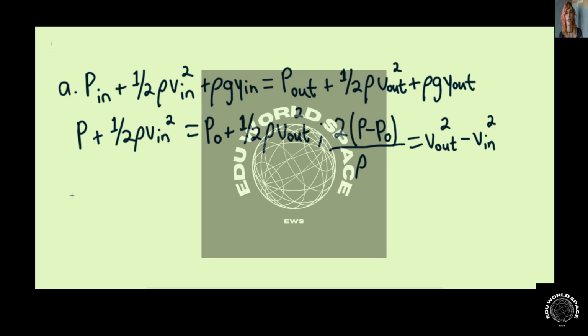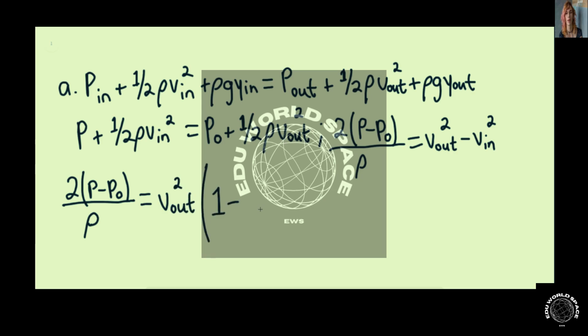And so we can say that 2 times the change in the pressure divided by rho would equal V out squared times 1 minus V in over V out, squared.